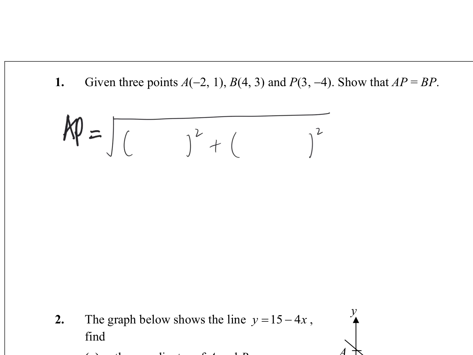Give me the number. Between A and P. Minus 2 minus? Yes. Then the other one? Minus 4, so it becomes plus 4. Okay, so this is for AP. 25 and another 25. 50. Okay, so you can write it like that first.